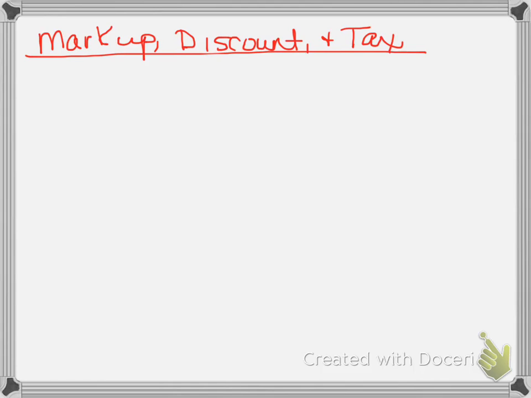So let's start off with a markup. And a markup is referring to something that a store does so that they make a profit. The store has to buy the material, whatever product they're selling at their store. They have to buy it from a manufacturer or a wholesaler or some place where they get it, and they pay a certain amount for it.